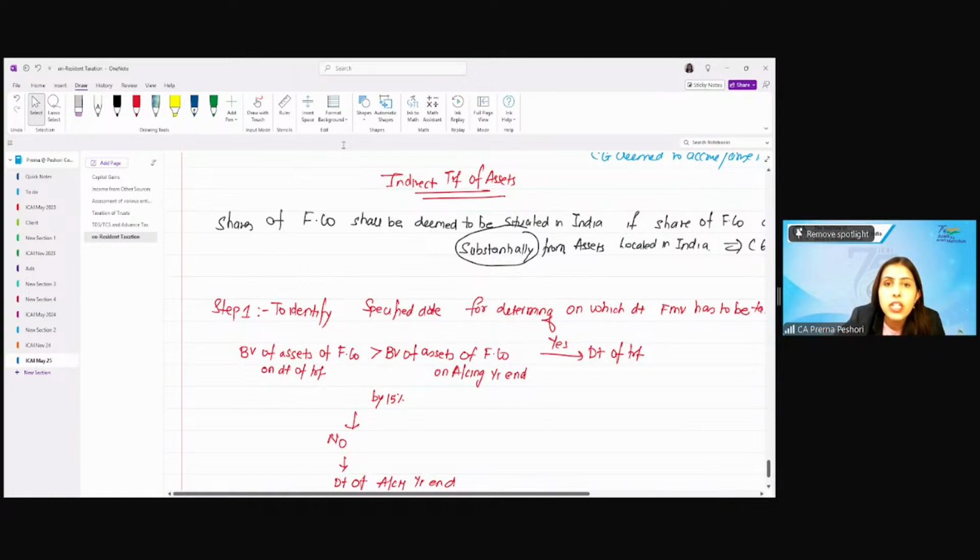What is the specified date? It is the date of the transfer or the last date of the accounting year.